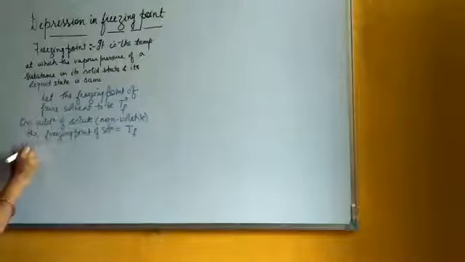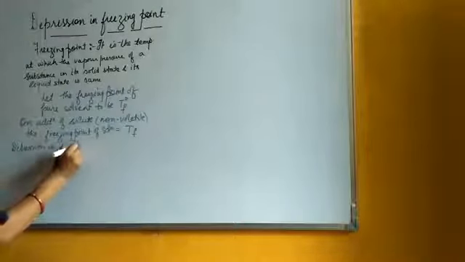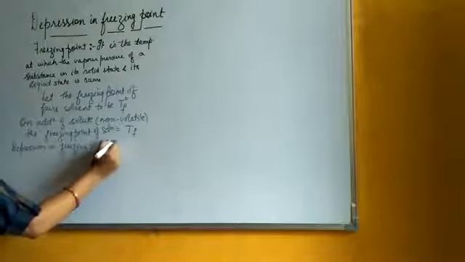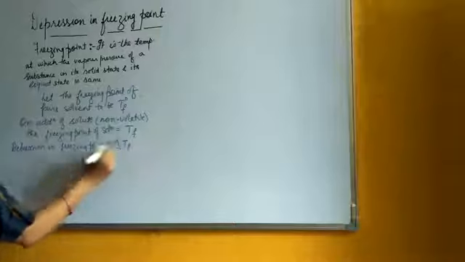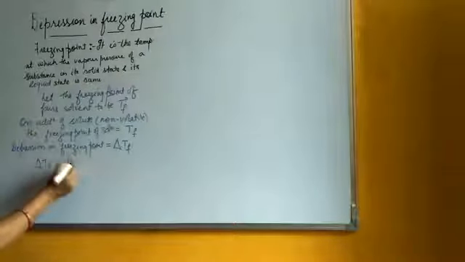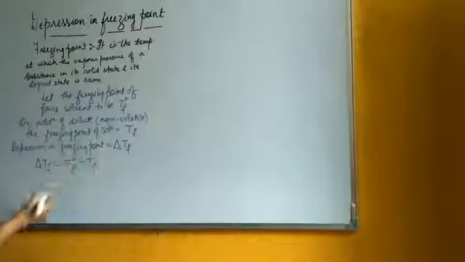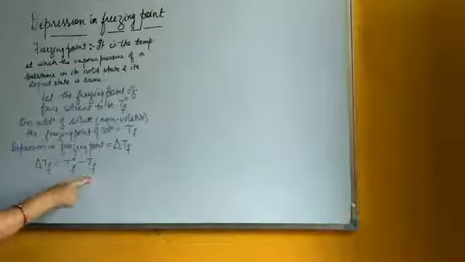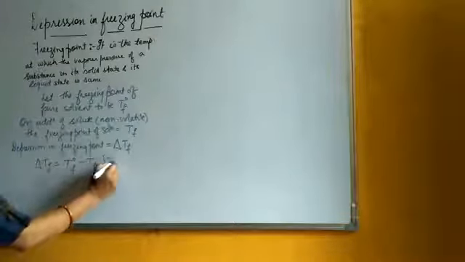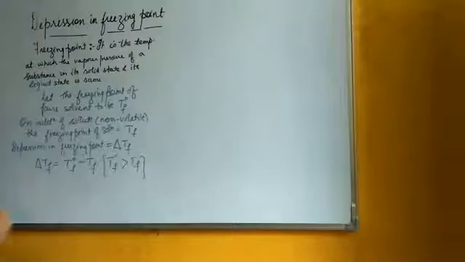Depression in freezing point is denoted by delta Tf, and delta Tf is equal to T naught F minus Tf. T naught F will be greater, and Tf, the freezing point of the resulting solution, will be lesser. T naught F is greater than Tf.